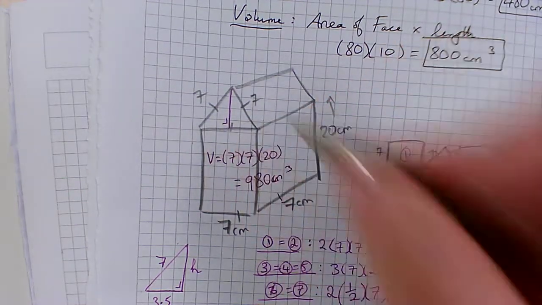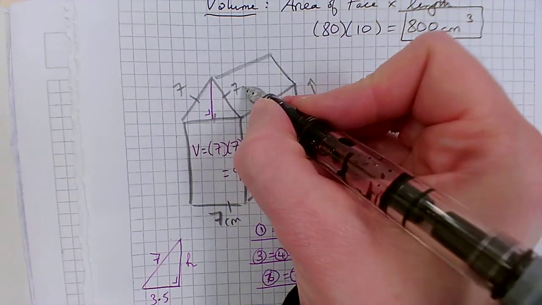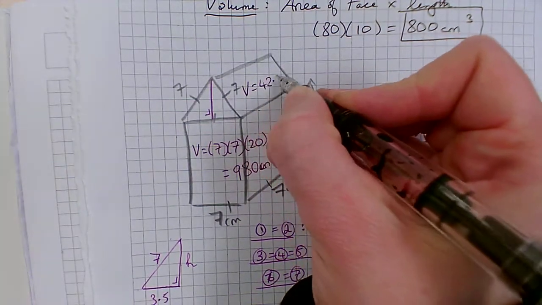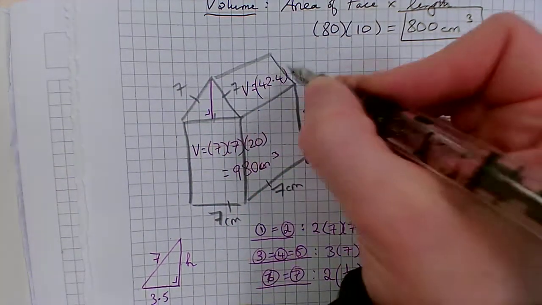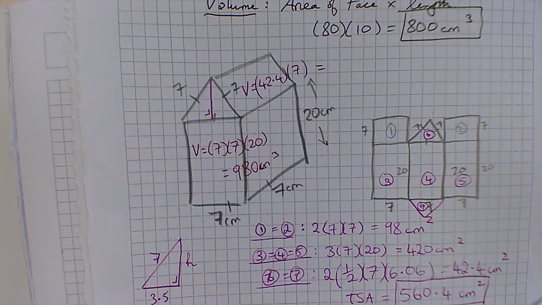And this one is going to be the area of the end face, so the 42.4, volume equal to 42.4 multiplied by the length, which is 7.